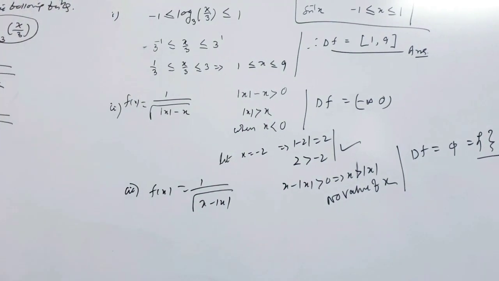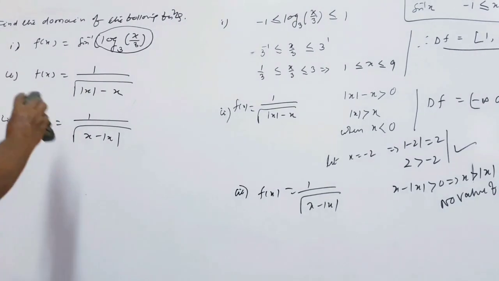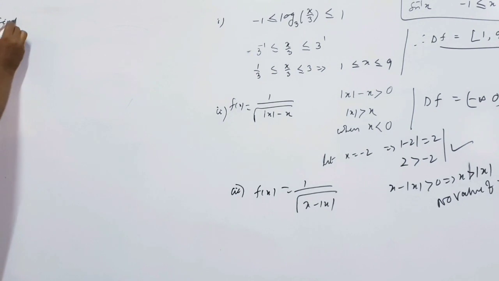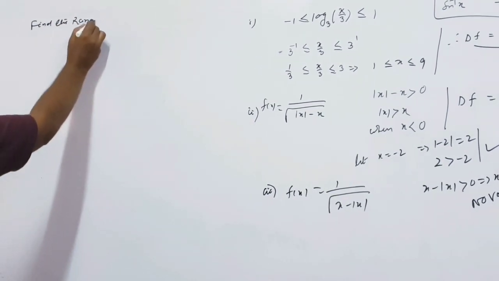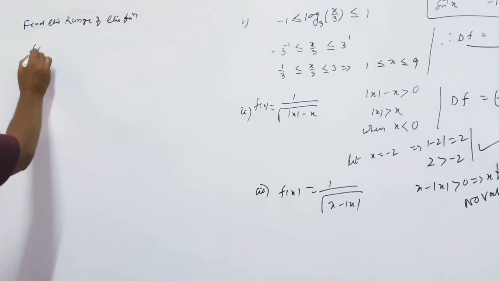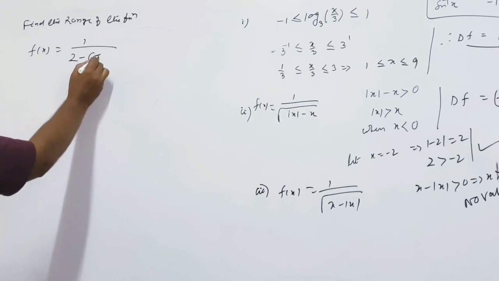Now another example: find the domain and range of the function. Find the range of the function f of x equals 1 by 2 minus cos 3x.